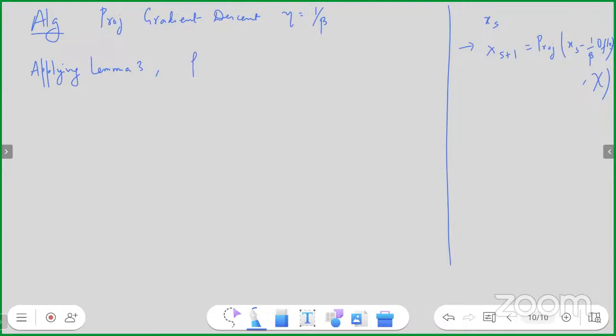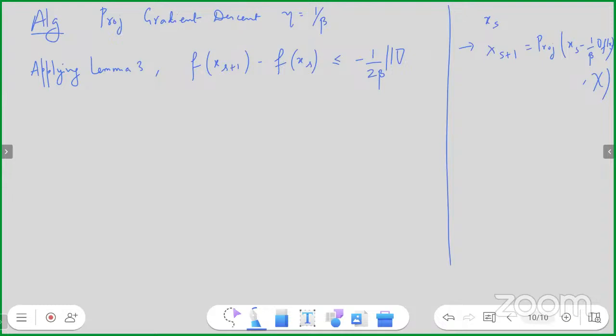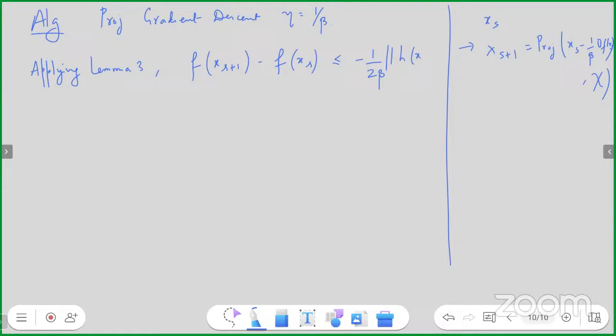First I get f of xs plus 1 minus f of xs to be at most minus how much? 1 by 2 beta, not gradient, h of xs.